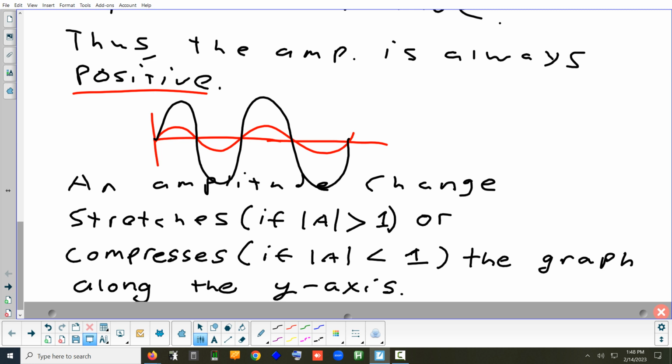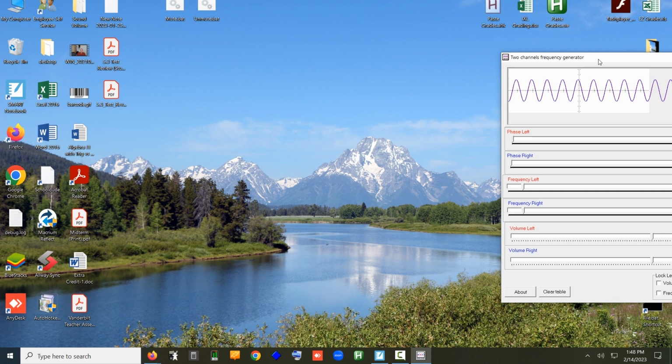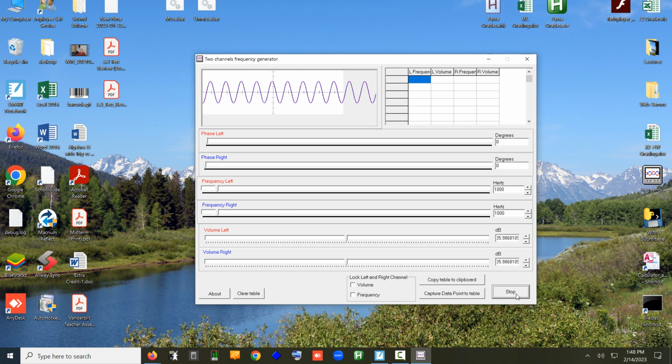The taller you make the wave, the louder the sound gets. The more compressed you make it, the softer it gets. So, let me see, I can show you that. Not as interesting as a phase shift, but let's see. So, there's your sound.